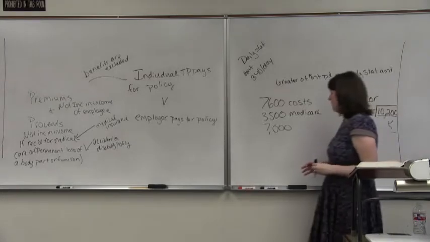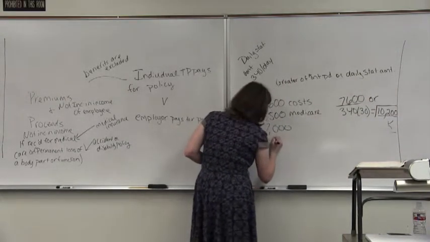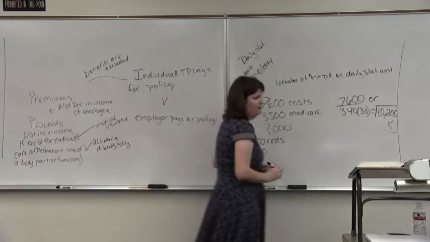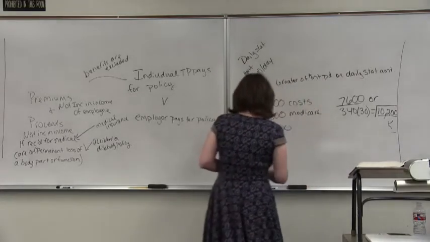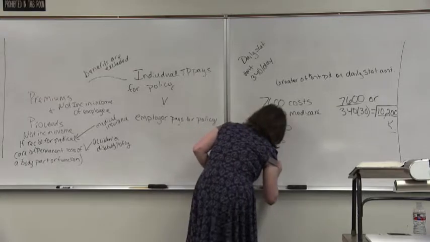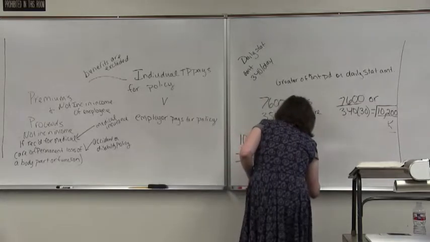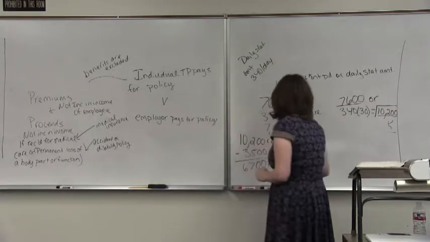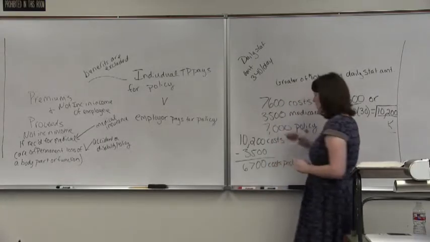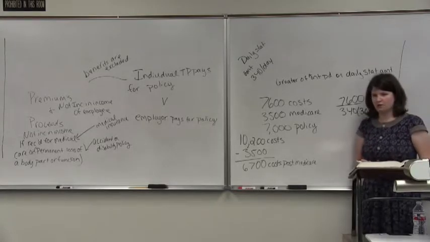Okay? So if she has $10,200 of costs, and Medicare paid $3,500, we have $6,700 of costs post-Medicare. And she received $7,000 from her policy. How much is she going to have to include in income? $300, right?